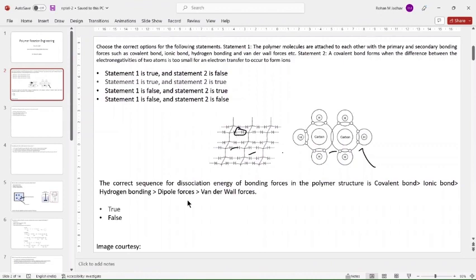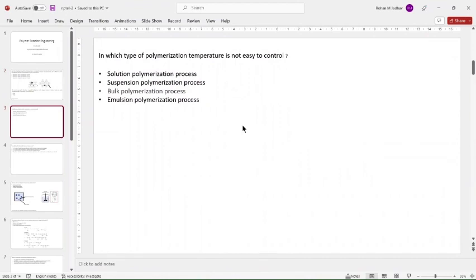Then here: in which type of polymerization is temperature not easy to control? What options do we have here? We have solution polymerization, suspension, bulk, and emulsion. Which one of these do you think? Bulk polymerization. Why is that? Can you explain to me?